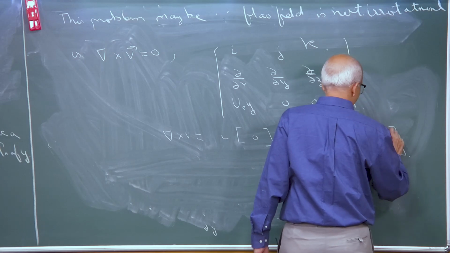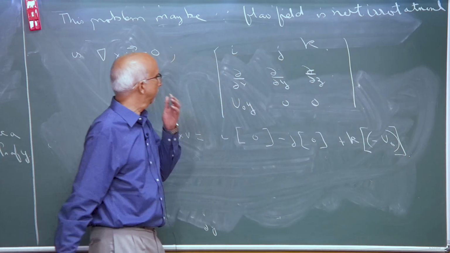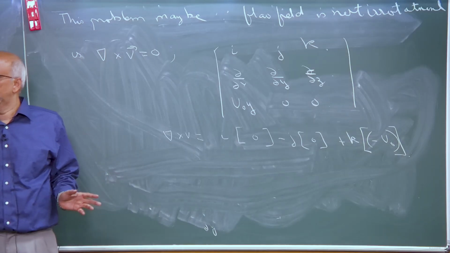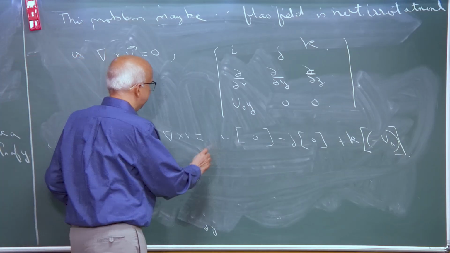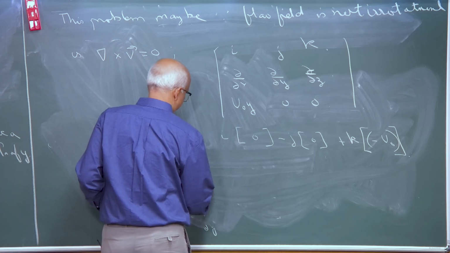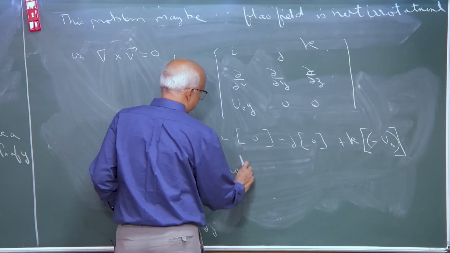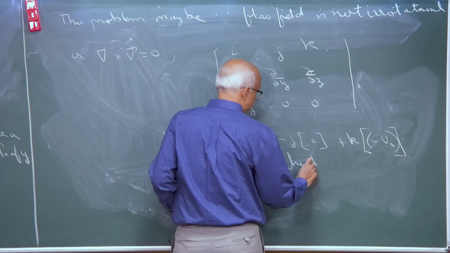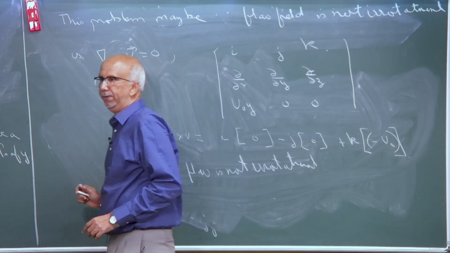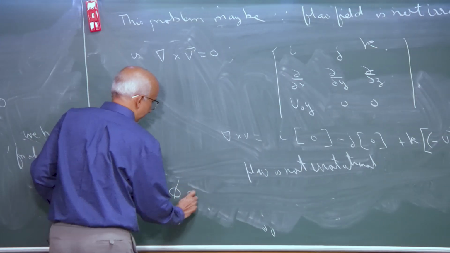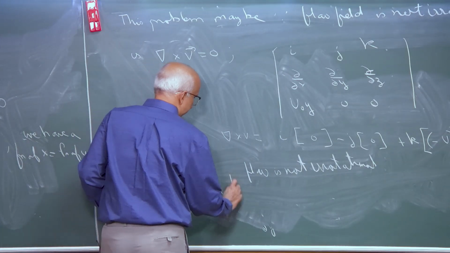Okay. So, this is just calculating the determinant of the matrix, and you find that the curl of V is not equal to 0, and therefore the flow is not irrotational. Okay. And therefore, phi does not exist here.